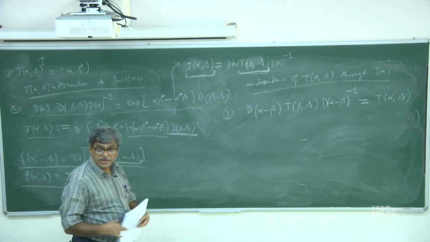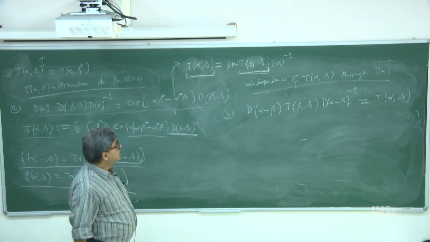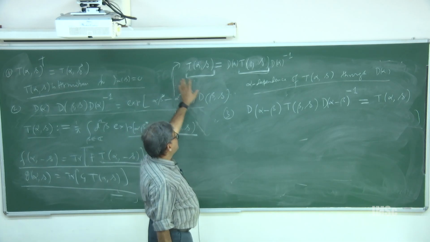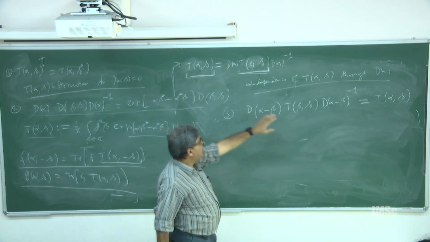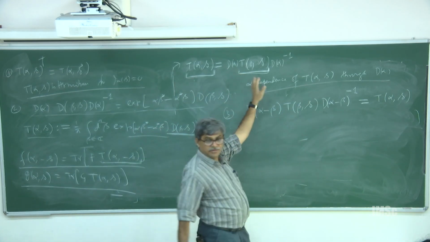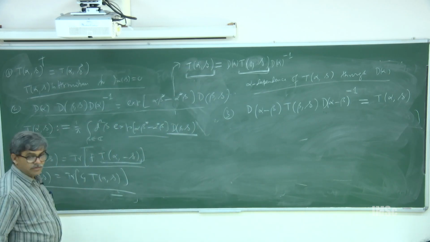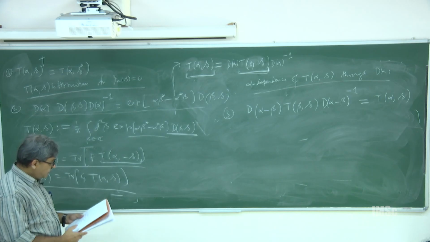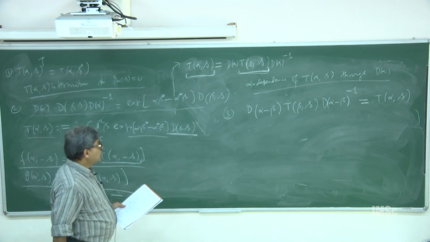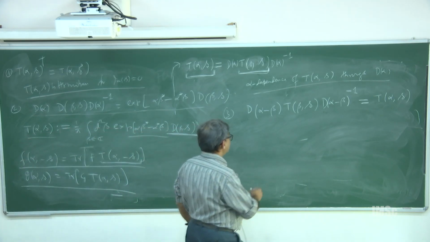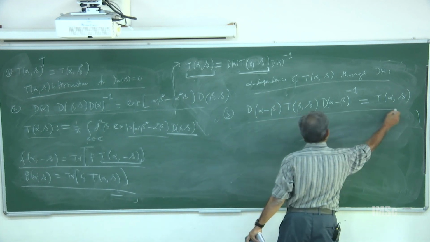How will you do that? Just apply this on the left hand side and this on the right hand side of this. Yes, this is what you will see. Okay, so this is fine. This is how this T of alpha s works.